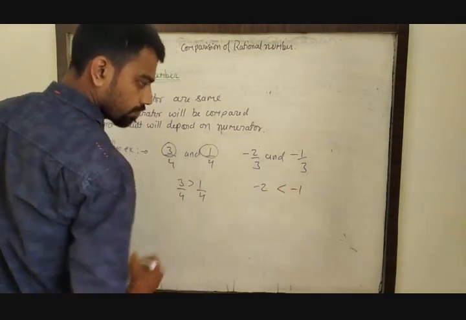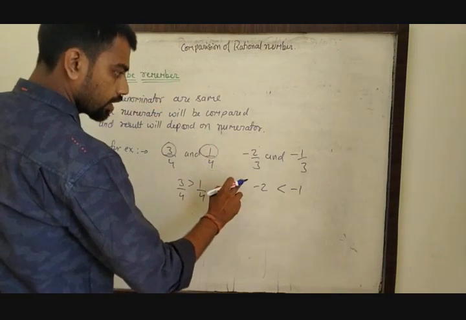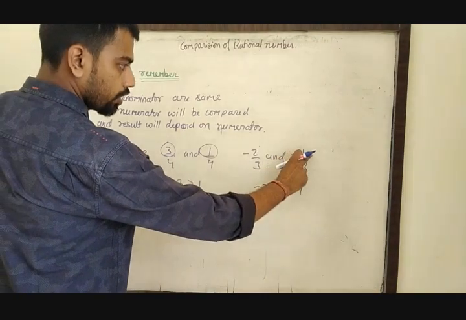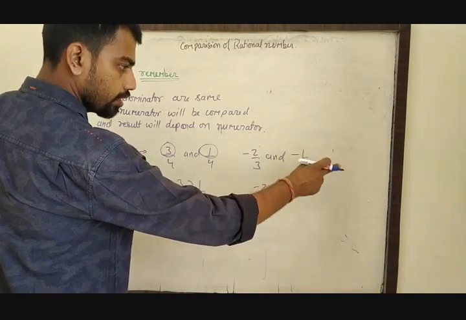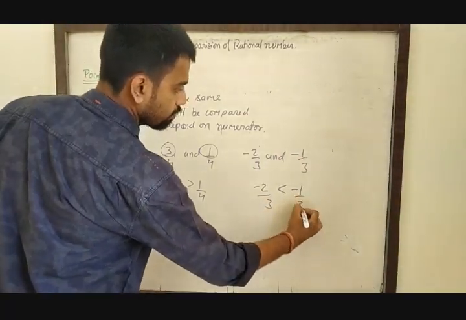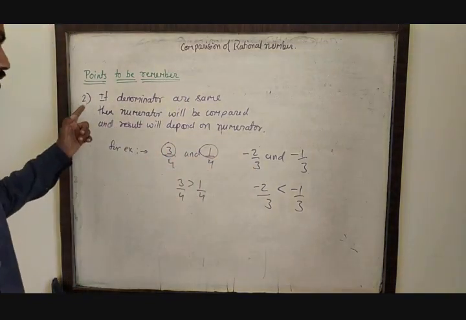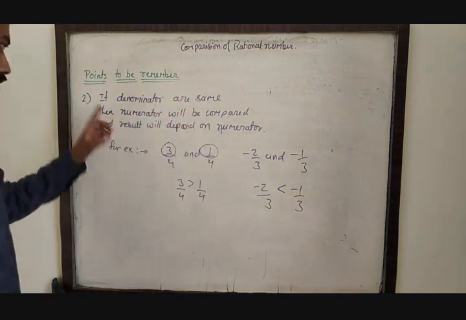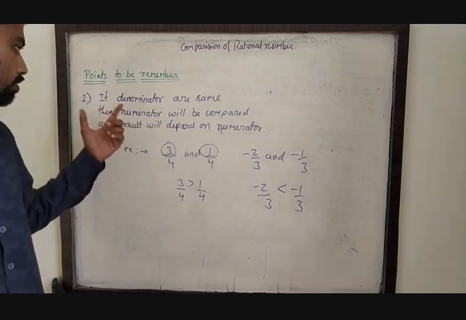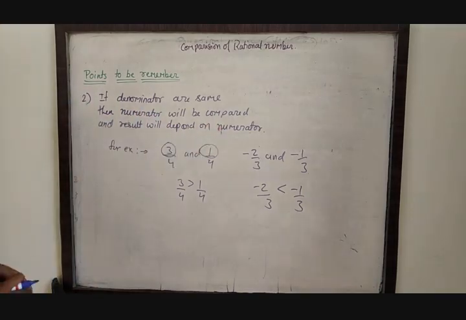Minus 1 is greater, because in negatives, the greater the number, the smaller the value. The smaller the negative value, the greater the value of that number. So minus 2 by 3 is less than minus 1 by 3. So we have seen both examples when the denominators are the same. Then numbers will be compared on the basis of numerator and the result will depend on the numerator.